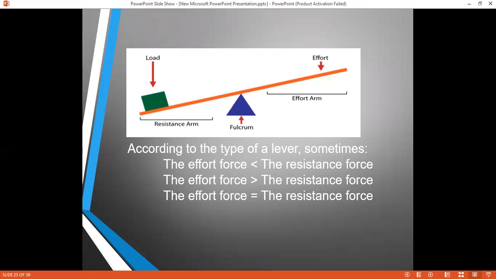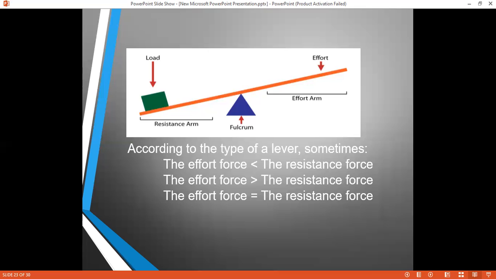So the load generates a resistance force. Here, load generates resistance. And the length of the lever makes work easier. As you can see, if this distance increases, the needed effort force decreases.